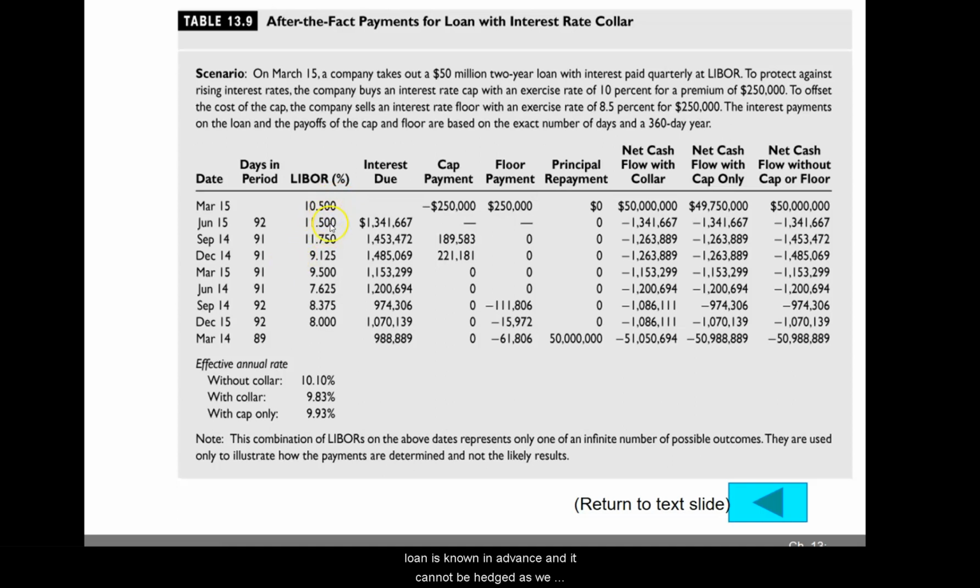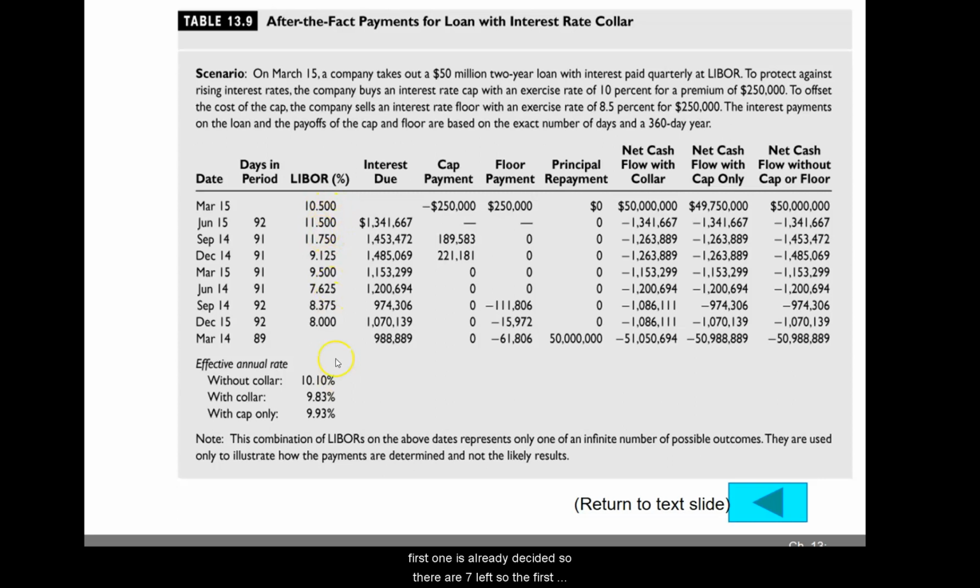So the interest rate cap has 7 caplets: 1, 2, 3, 4, 5, 6, 7. And in the same way, the interest rate floor has 7 floorlets, because out of the 8 quarterly payments, the first one is already decided.